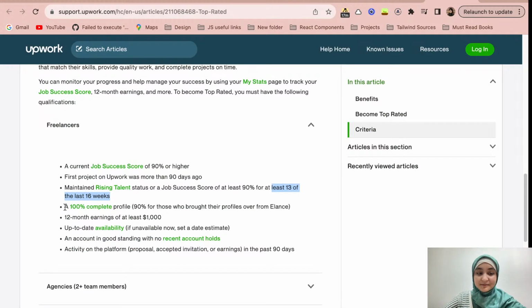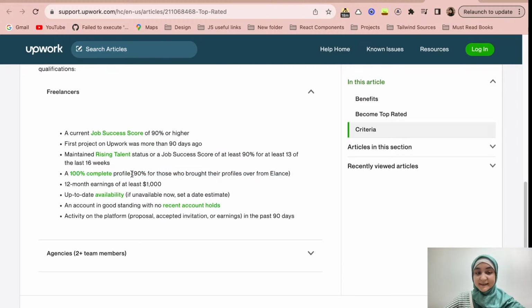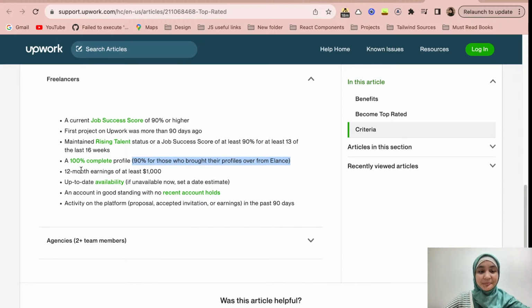And the next one, in all of those badge criteria, you will find it. You should have a 100% complete profile. And this part is not related to us, because before Upwork was called Elance, so that's off topic for us.